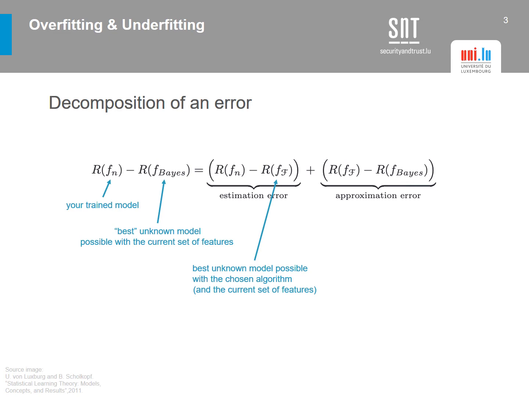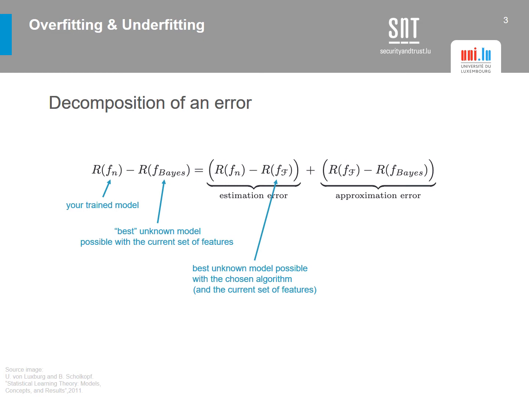Let's say that we have another classifier, which is f of capital F. F of capital F is also a theoretical model, and it corresponds to the best possible model with the chosen algorithm and the current set of features. Let's say we choose to train a decision tree.